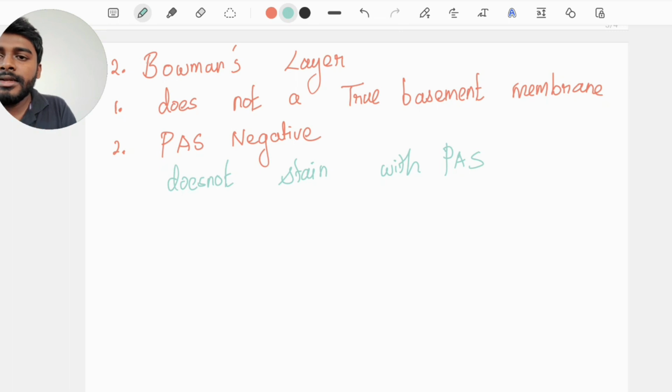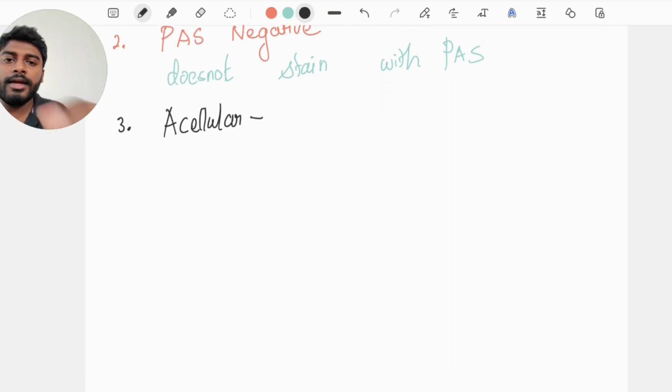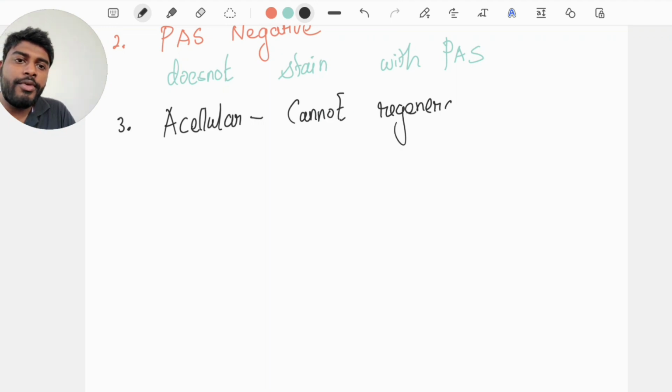So how can we easily remember this? In the alphabet, B is the second letter. So B, the second layer of the cornea, is the Bowman's layer. And the third point is, it is acellular. Acellular means it cannot regenerate cells.